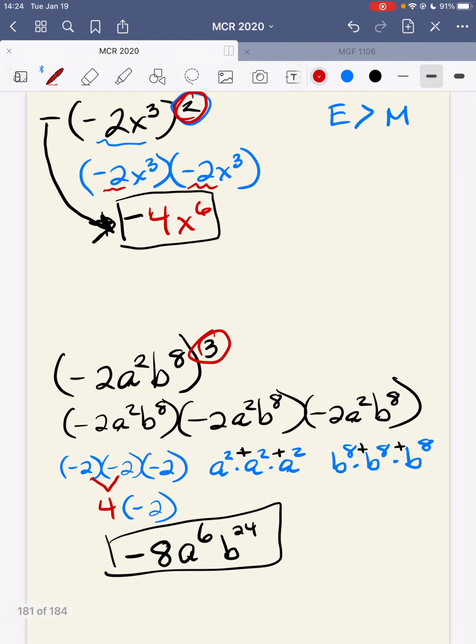Anything that has an odd exponent with that negative inside should come out negative. So anything squared, if it's negative, is always going to be positive. If it's a negative on the inside, but there's a cube or an odd exponent, it's going to be negative. So that's something you can use if you remember it. If you don't, just write it out and do the math.